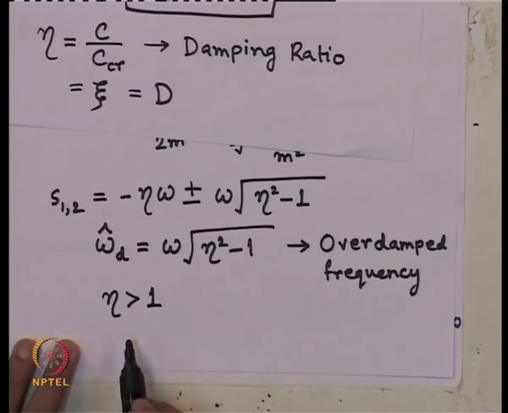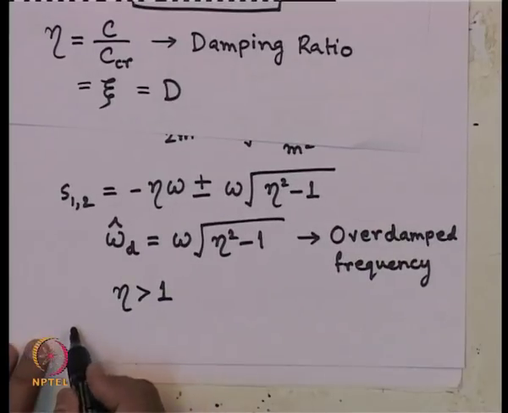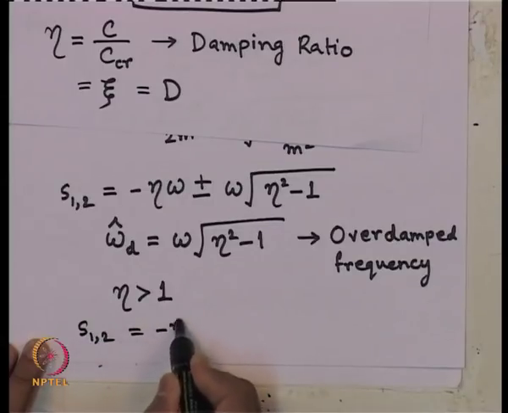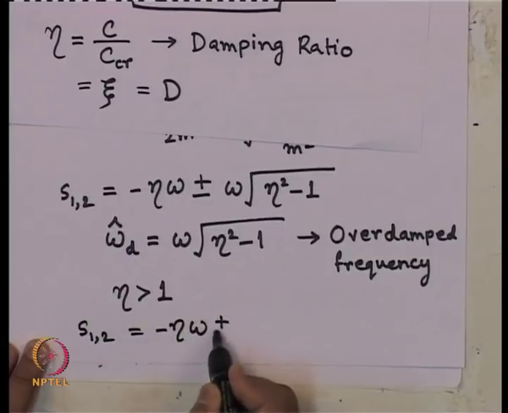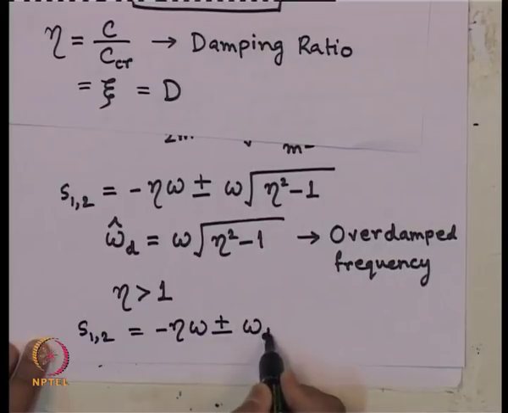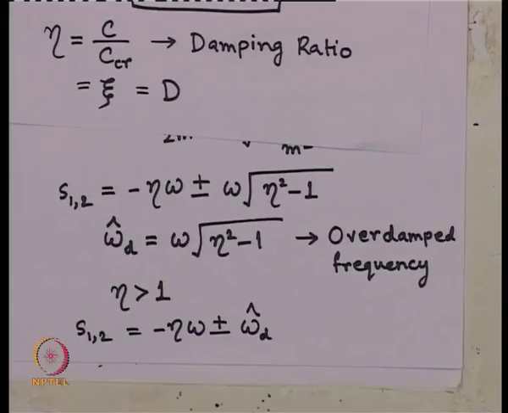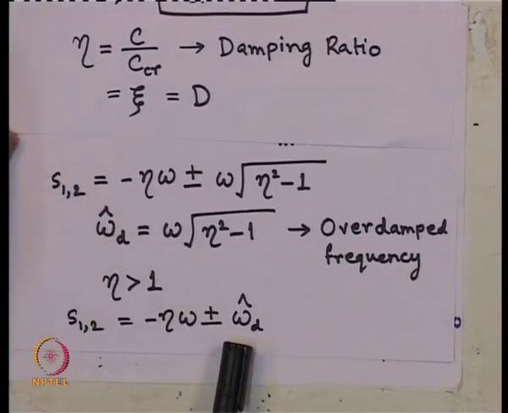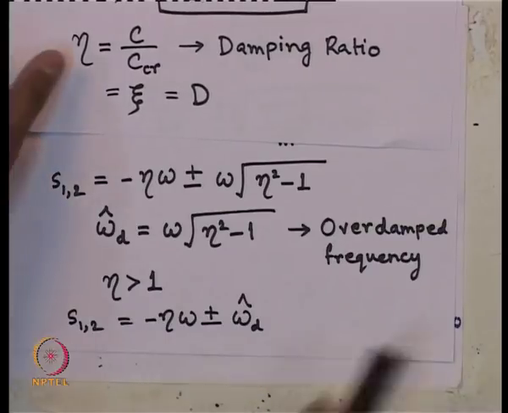So, with eta greater than 1 and omega d cap written like this, we have 2 roots now, minus eta omega plus minus omega d cap. Now, if these are the 2 roots, these roots are real valued and they are distinct.